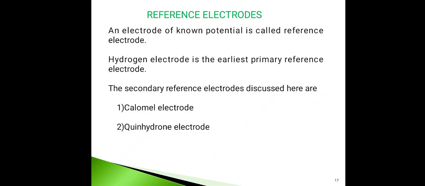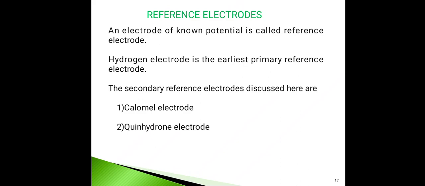There are again two types of reference electrodes, primary and secondary. The primary reference electrode is the standard hydrogen electrode with an electrode potential value of 0.00 volts.